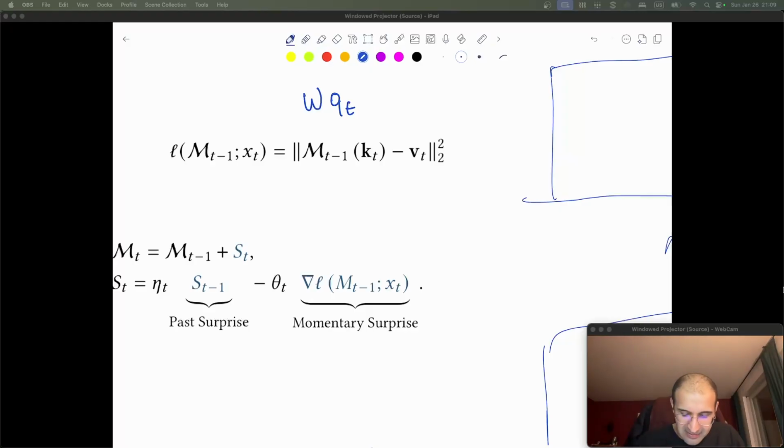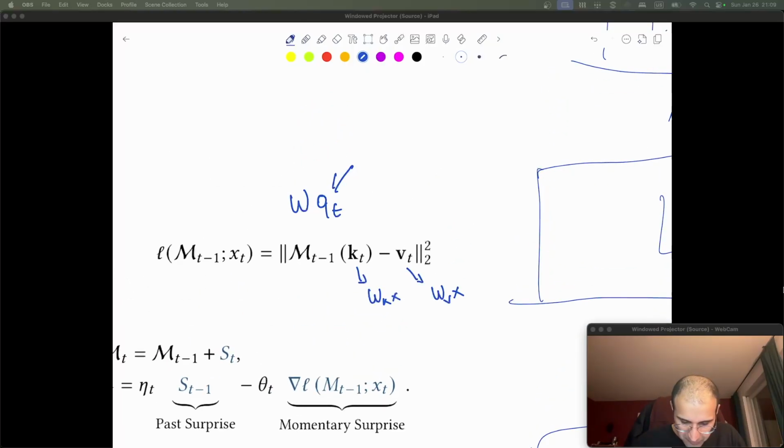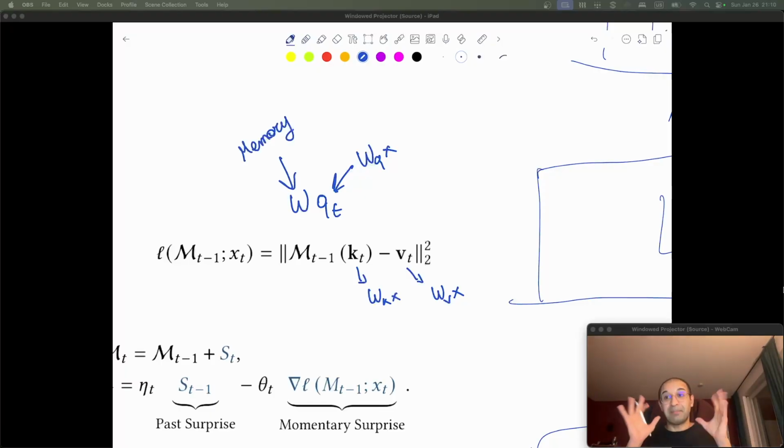matrix. So this KT comes from WK multiplied by X, this VT comes from WV multiplied by X, and this QT comes from WQ multiplied by X. This W here is the W of the memory, so these are the memory parameters, but it is also the memory itself.